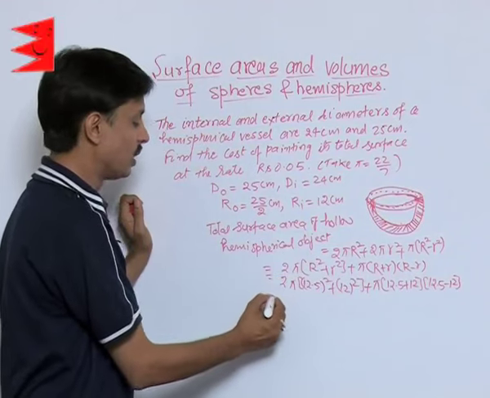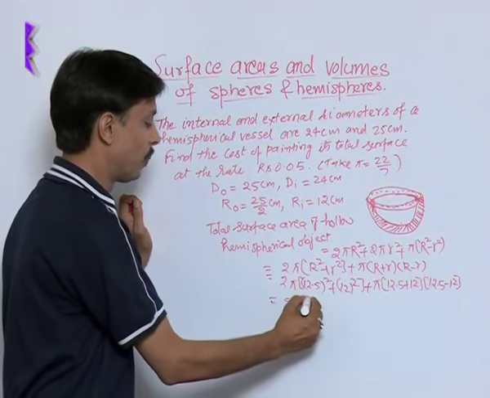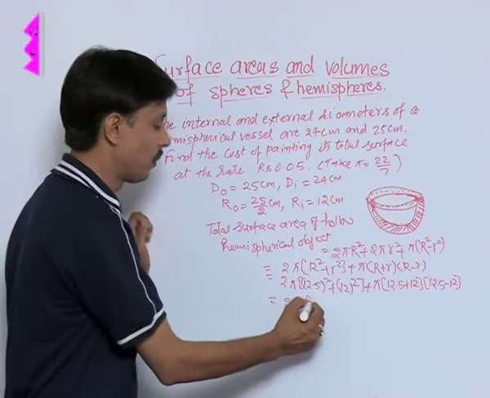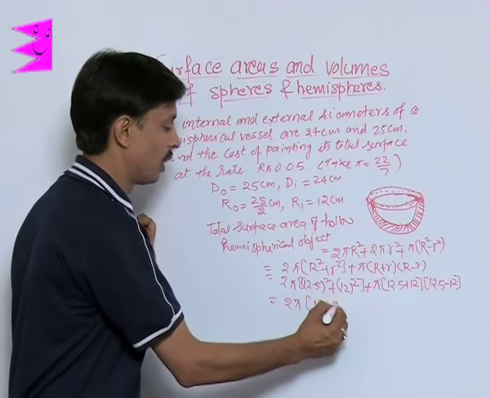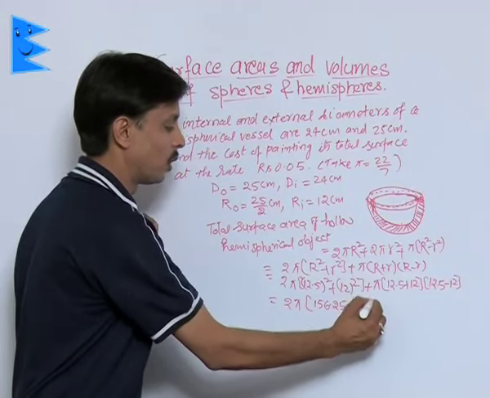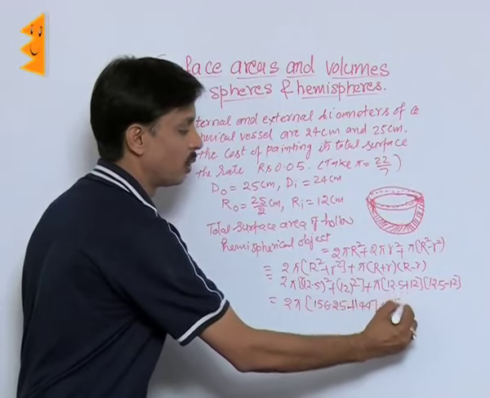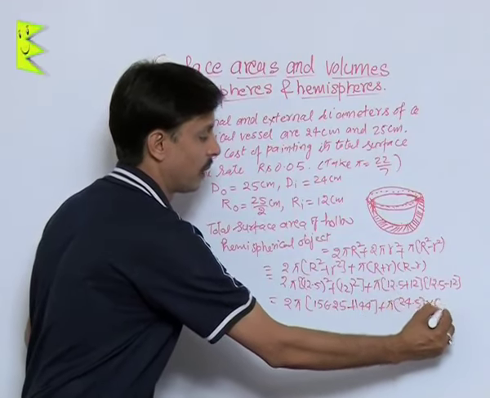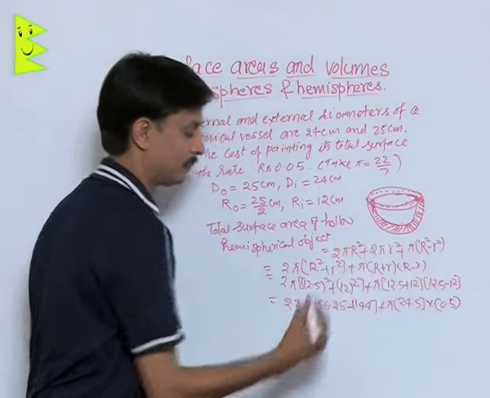Now this value is coming out to be 2 pi into 156.25 plus 12 whole square is 144, plus pi into their sum is 24.5, their difference is 0.5.